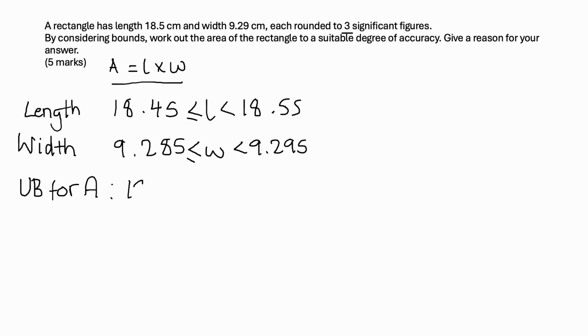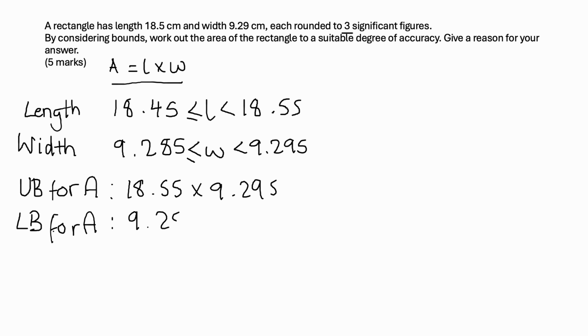So we're going to do 18.55 times by 9.295. And for the lower bound, same thing. We're going to do 9.285, the width, should have been the length first, but the width times by 18.45.